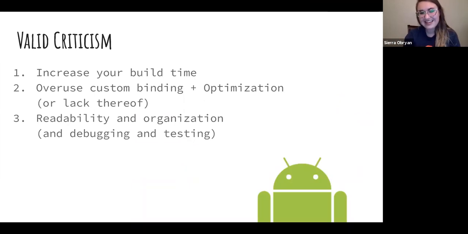My third thing is readability and organization and debugging and testing. You might remember from one of my first slides that this should help with readability and organization. And I think that is very true when you know how to read it and use it.